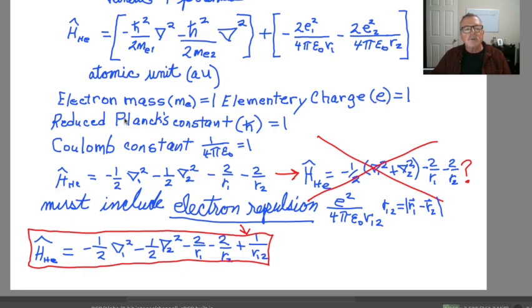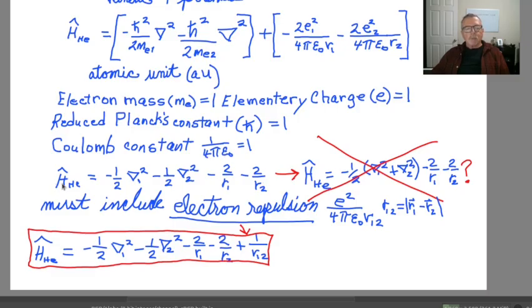The reduced Planck's constant, h bar, which is h over 2 pi, is equal to 1. The Coulomb constant, which we've already dealt with over and over again, is 1 over 4 pi epsilon 0. That's the permittivity of free space, and this gives it the spherical nature.